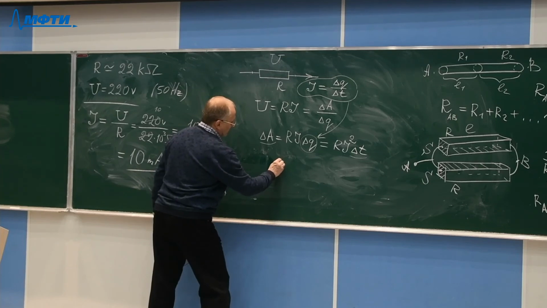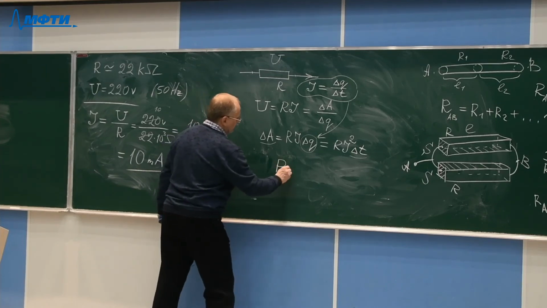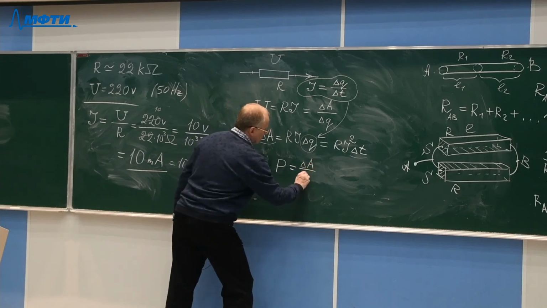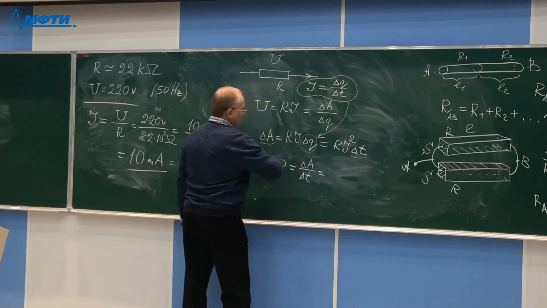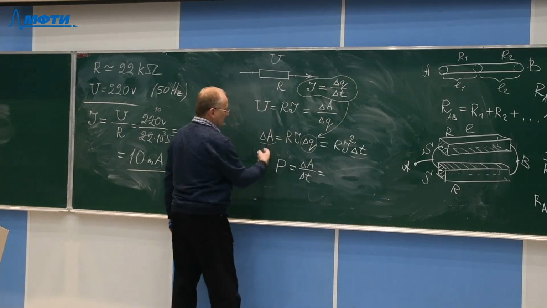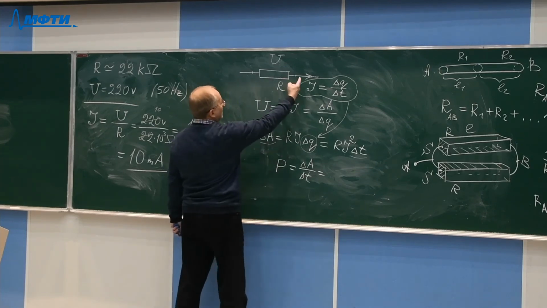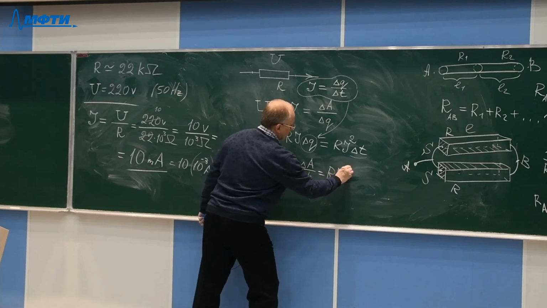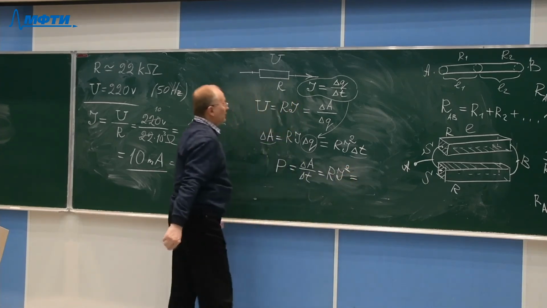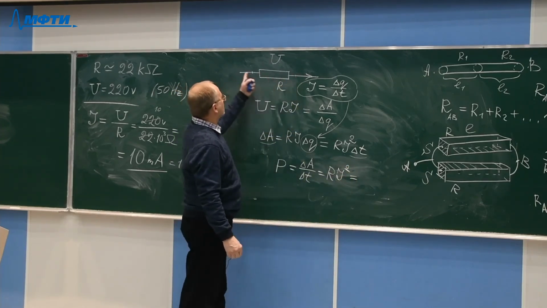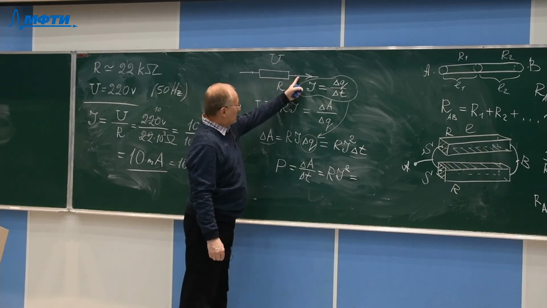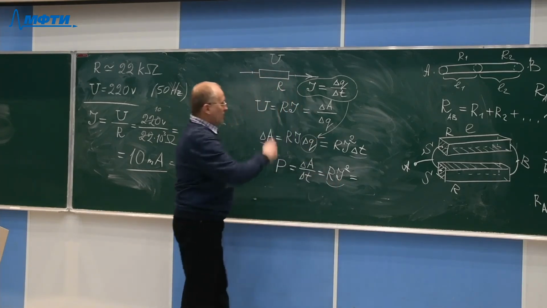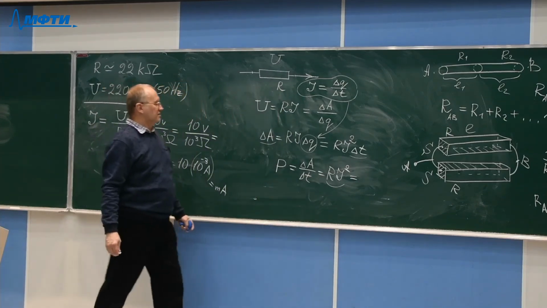It may be denoted by the letter P, which is the work performed in some time period delta T. If we divide this formula by delta T, we obtain the electric power, which will be R I squared.